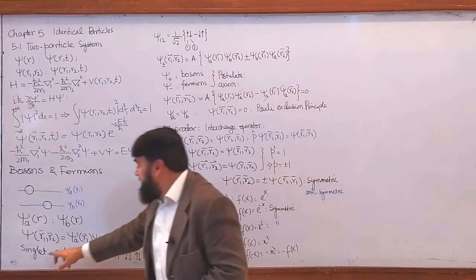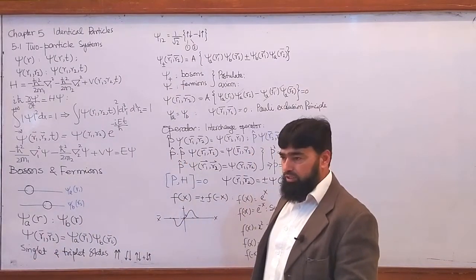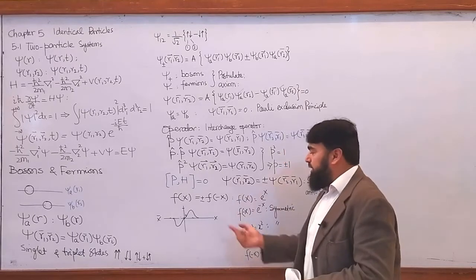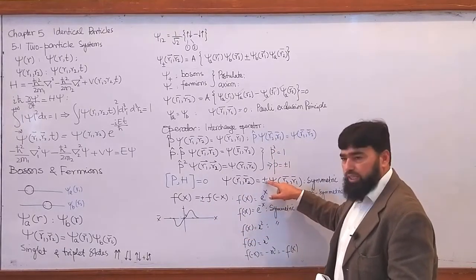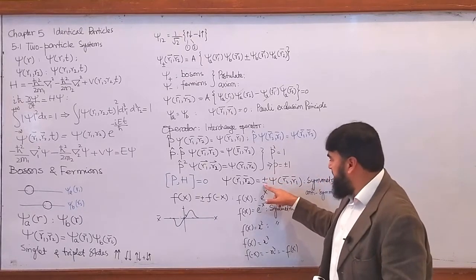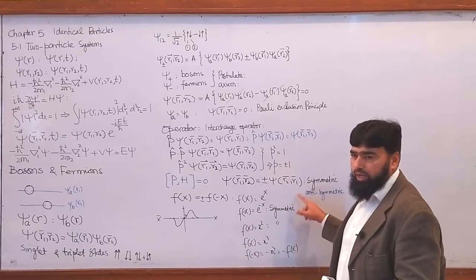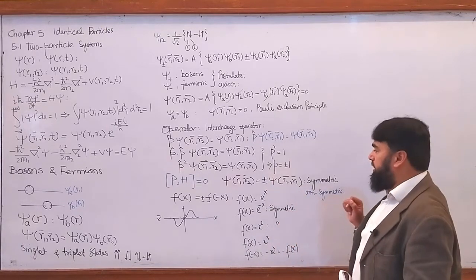So the singlet state is an antisymmetric state. Got it? It will generate a minus sign here. Come to your wave functions: when it remains plus, it is symmetric. When it becomes minus, it is antisymmetric. Got it? Now it's clear?